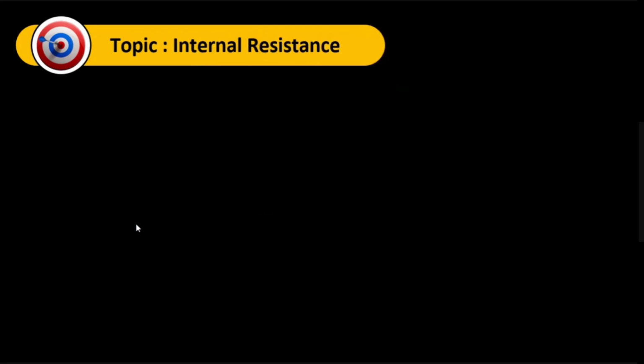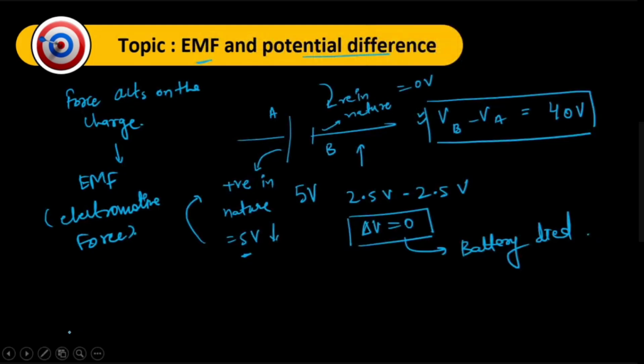Basically, a force which acts on the charges when they are moving across the circuit. So EMF or potential difference is nothing but almost the same.